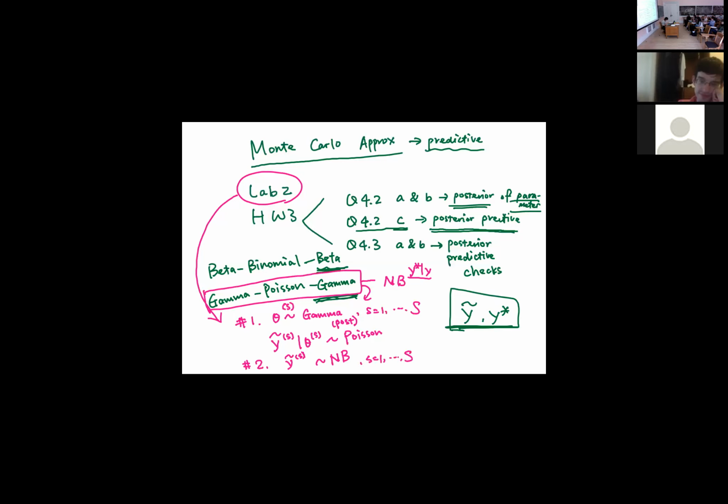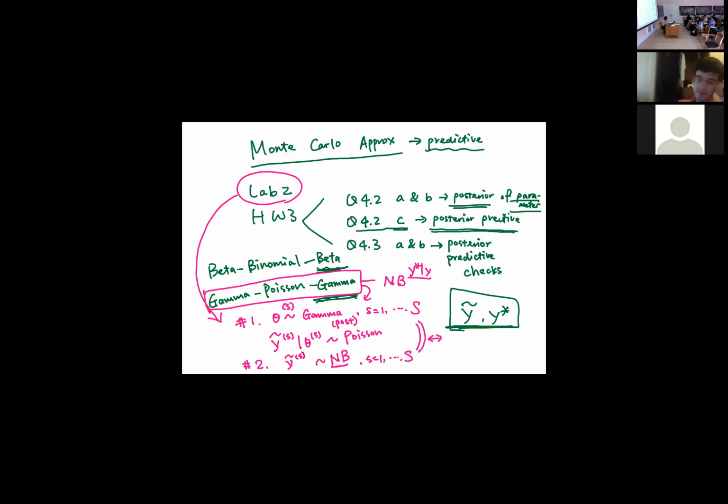So for this lab 2, I was asking you to verify 2 approaches in general. If I don't know the analytic solution, I can still do it step by step. If I do know, then I can generate directly from the analytic solution, which is the negative binomial over here. So the goal of lab 2 is to ask you to verify. First of all, practice how you can generate samples in multiple contexts, as well as see whether these 2 approaches give you similar or pretty much identical results.